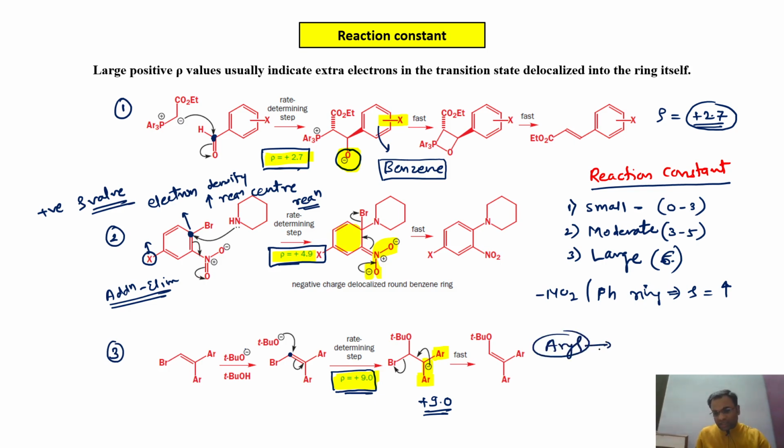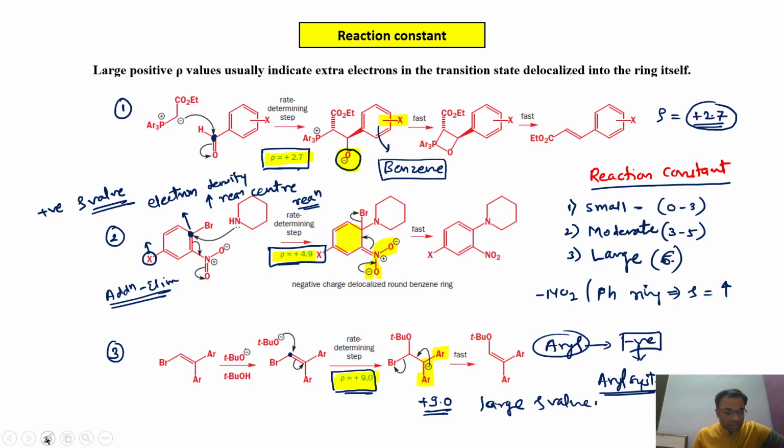It means the negative charge is now completely delocalized with the aryl system, and therefore we have a large rho value.